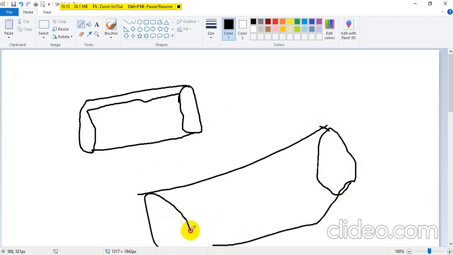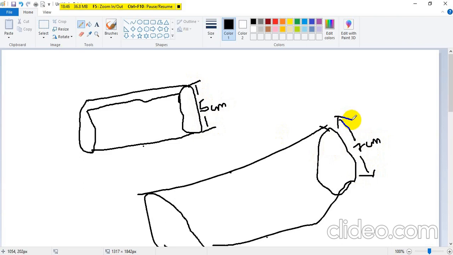You see that the thickness from here to here is bigger than from here to here. So if the diameter were 5 centimeters, this one will be about 7 centimeters. So there is vasodilation.